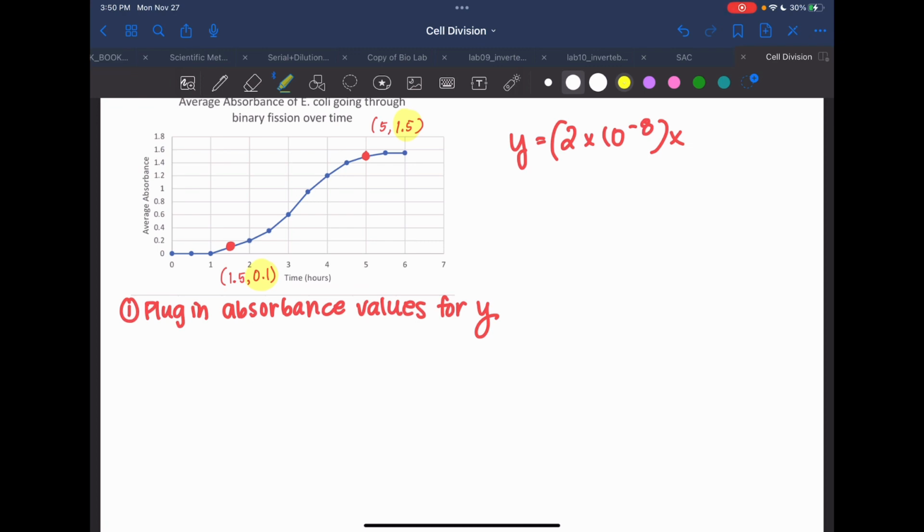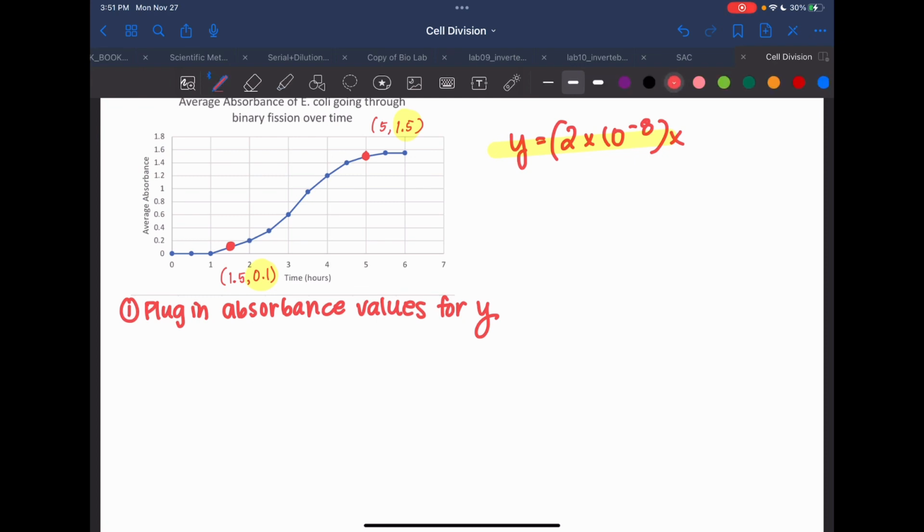I'm going to plug them into this equation and then be able to get b of i and b of f. If you don't know what b of f and b of i mean, then go back to your PowerPoint. Everything will be there for you. I'm just assuming that you already know what those variables mean, but if you don't, then go back and take a look at them.